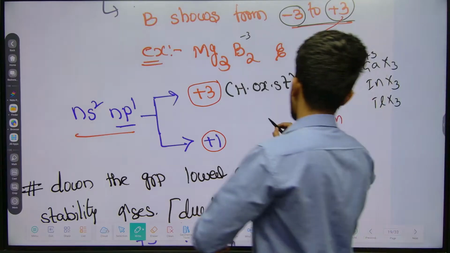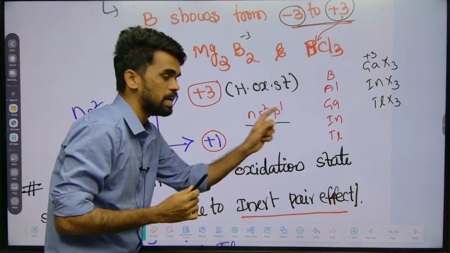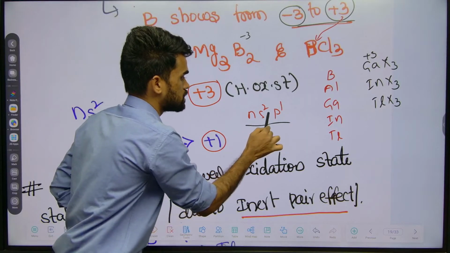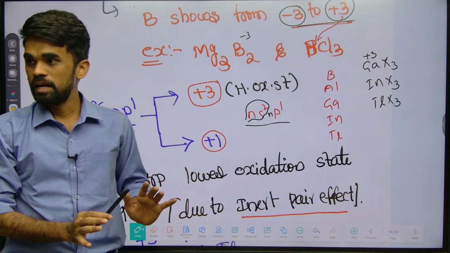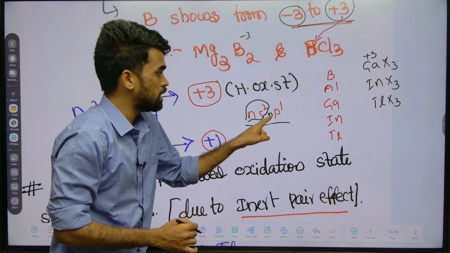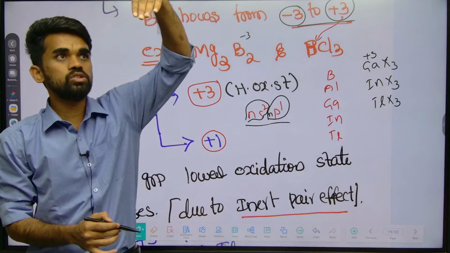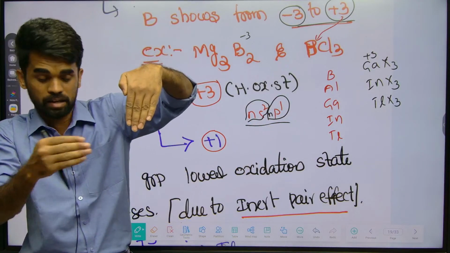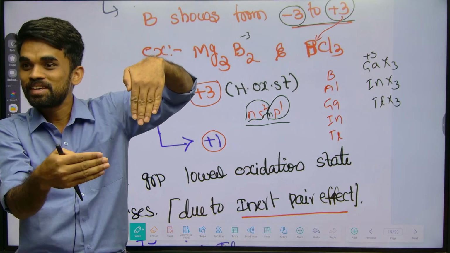It means out of this ns2 and np1, out of these 3 electrons, these inner electrons don't want to participate in the chemical reactions. They wanted to give only 1 electron for bond formation. So now down the group, that inert pair effect increases.